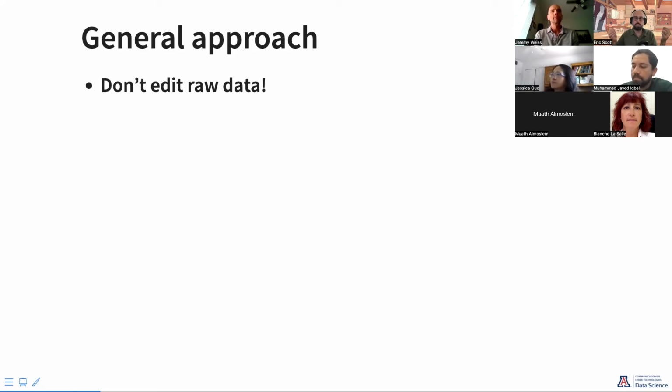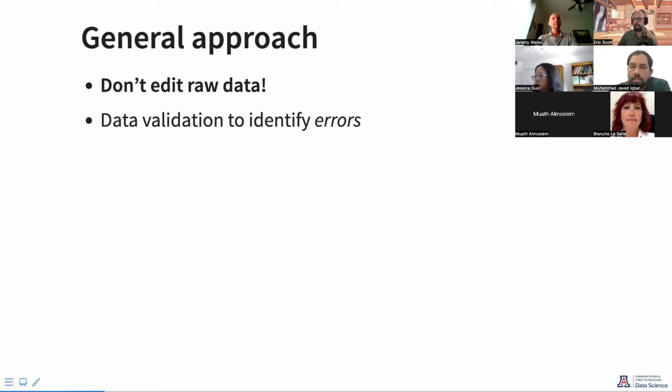That is going to prevent a lot of mistakes, or when those mistakes happen, you can at least go back to that raw data and see what happened, right? So enter your data and then keep that file separate. I often make that a read-only file so that I can't accidentally edit it even. And then I do all my data manipulations and analyses and error fixing in a separate file.